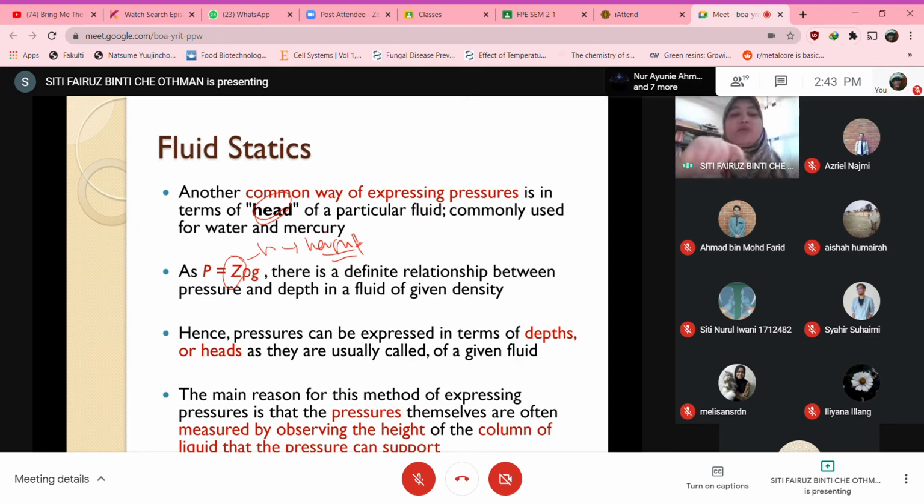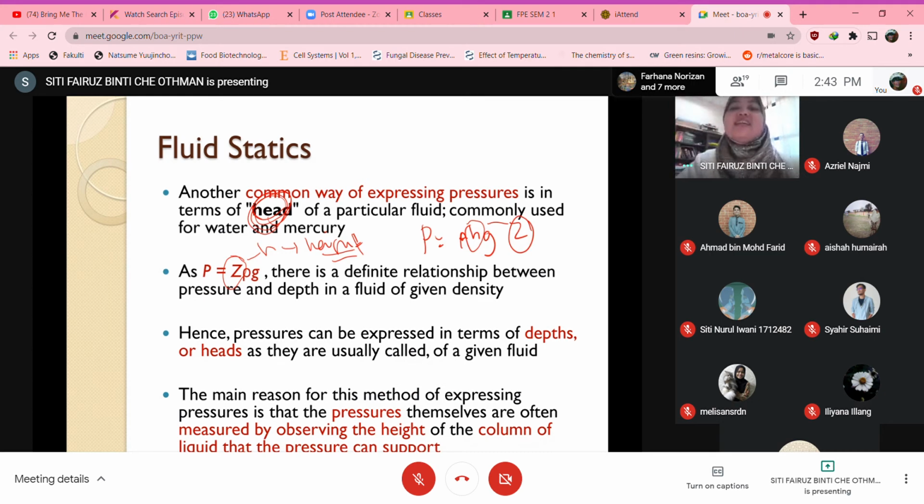So in a way, P equals to, supposedly P equals to density, g, H. Cuma sekarang ni because it uses the term head, ini ganti dengan Z. But if they use it interchangeably, you tahu that Z is actually H, it's the height.